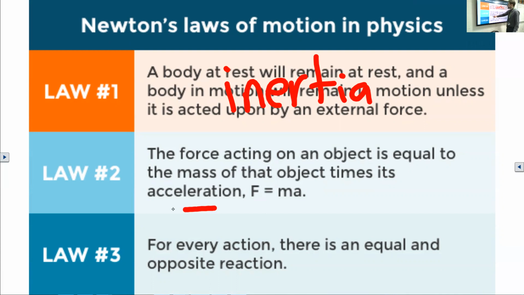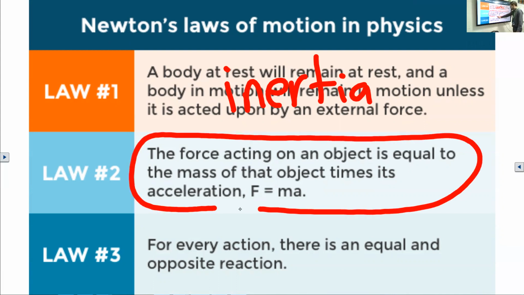Obviously, the most important law for this unit and really the rest of the class is that a force acting on an object is equal to the mass of that object times the acceleration. It is a law that's literally an equation, and it's basically what we obsess over during this whole topic. Now, the last one is much more useful than the first one, but not quite as useful as the second.